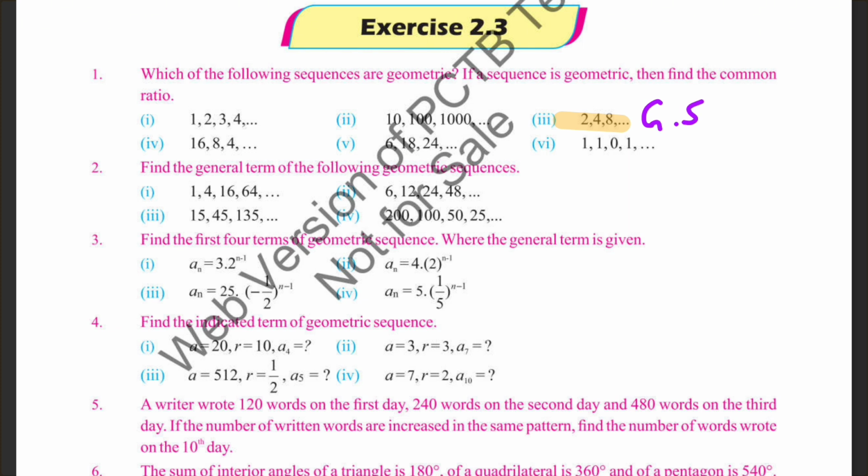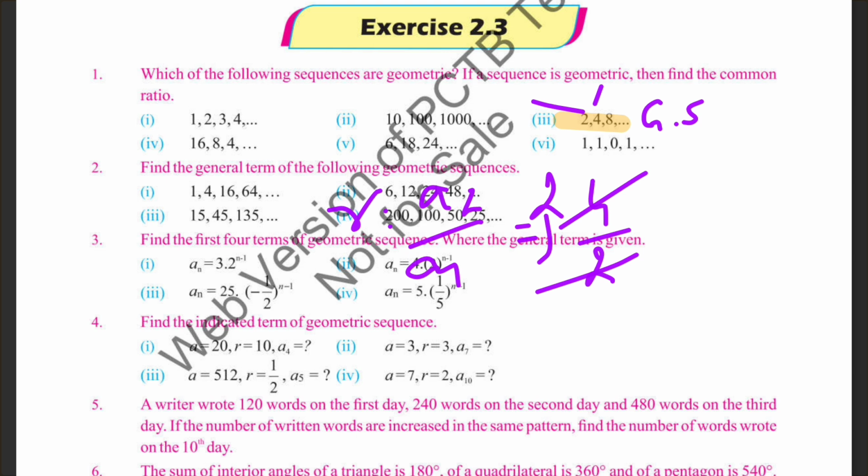And the common ratio R is equal to A2 over A1. Now A2 is equal to 4 and 2 is A1. Simplifying, 4 over 2, R is equal to 2. It is the answer.